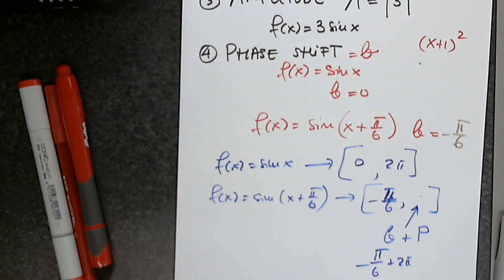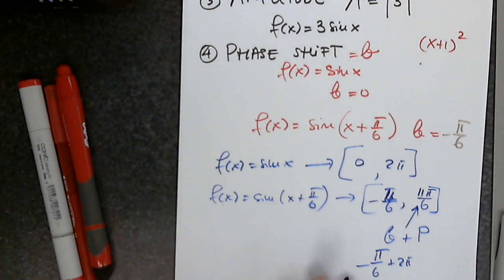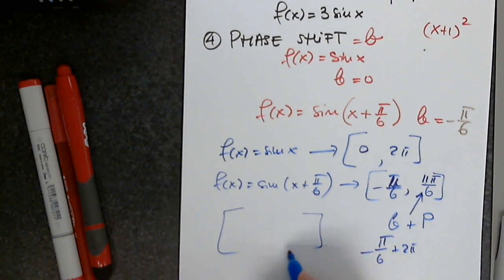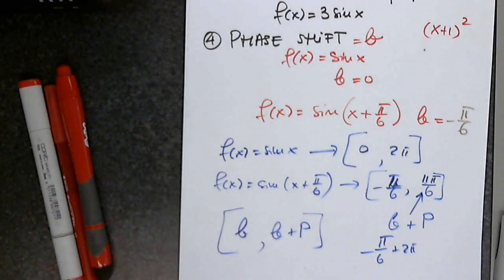So 11 pi/6. Exactly. So the most important interval for all these functions, sine and cosine, will be B and B plus the period. Whatever that is. B could be positive or negative.